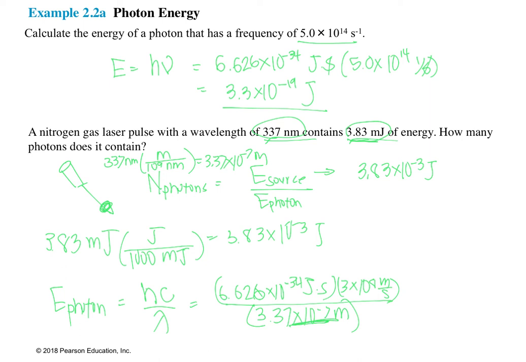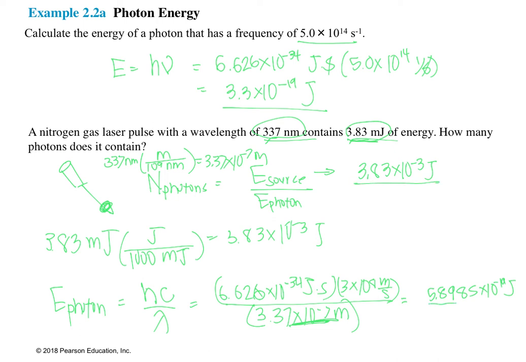So when we do this calculation for one photon with this wavelength, we get our energy to be 5.8985 times 10 to the negative 19 joules. A lot of sig figs, but we only had 3 in our measurement, so only 3 of them will be significant.